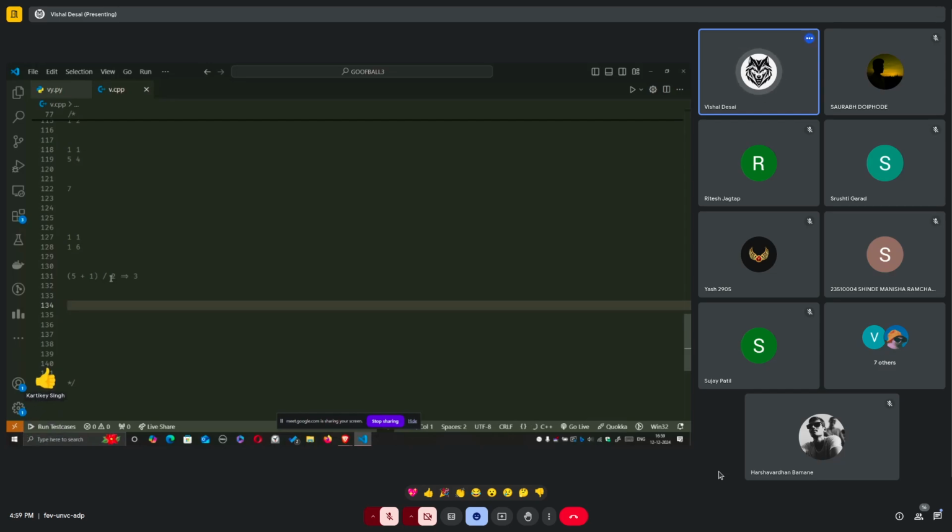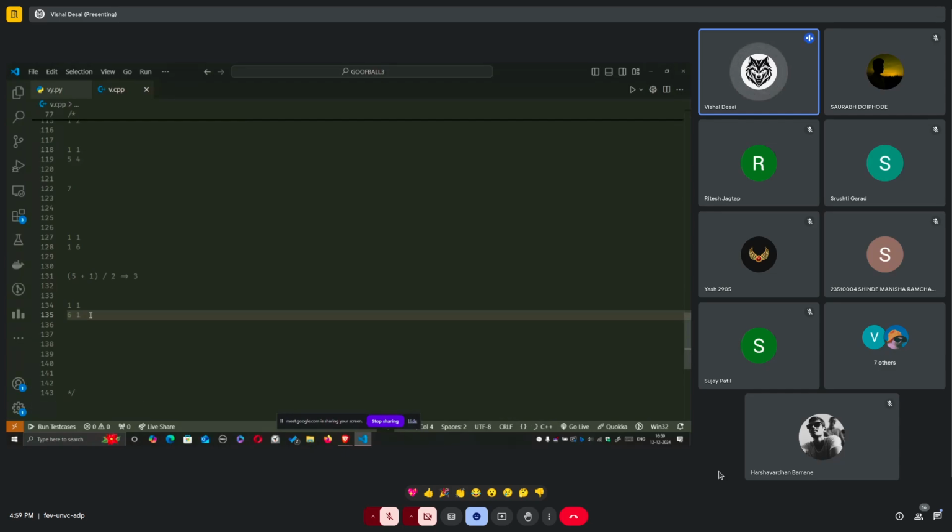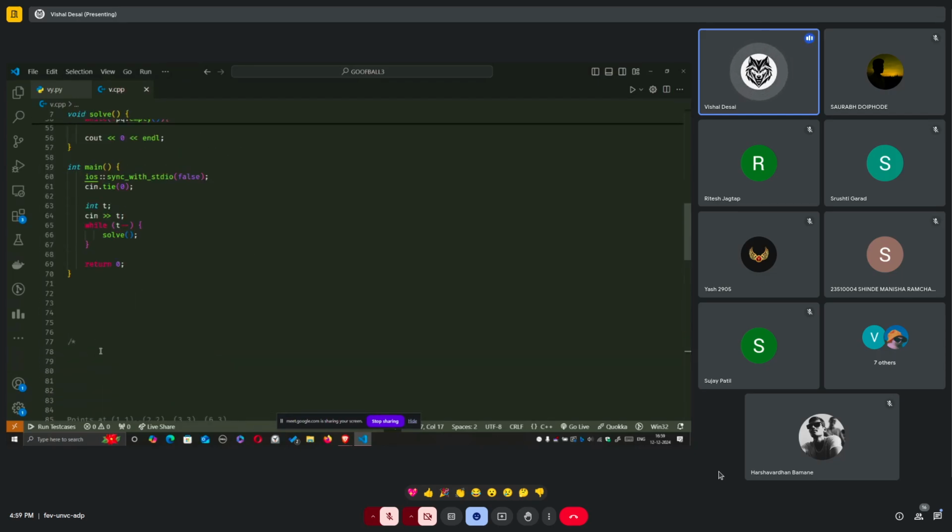So similarly, if I take 1 1 and then 6 1, in this case the y coordinate is the same. So similarly, 6 minus 1 is 5. Again 3 units of time will be required, right? Those are the 2 conditions that I have written.